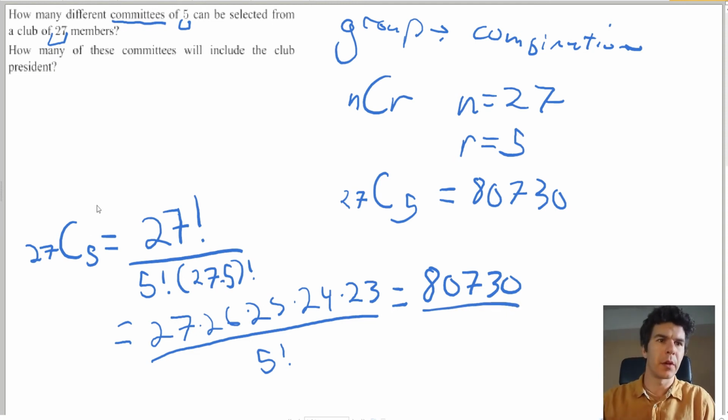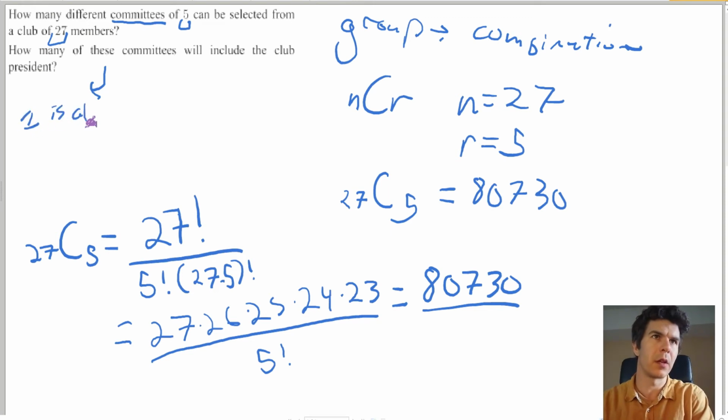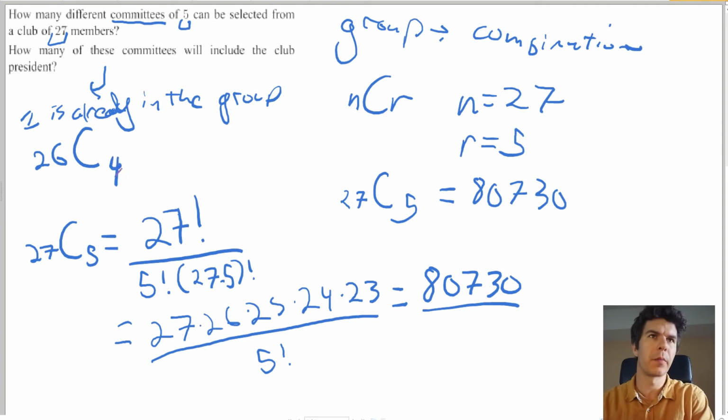Moving to the second part of the question. How many of these committees will include the club president? So this is basically taking one of the members, whoever this club president is. One is already in the group. So how many people are we left with? 26 C, and we're going to pick 4.